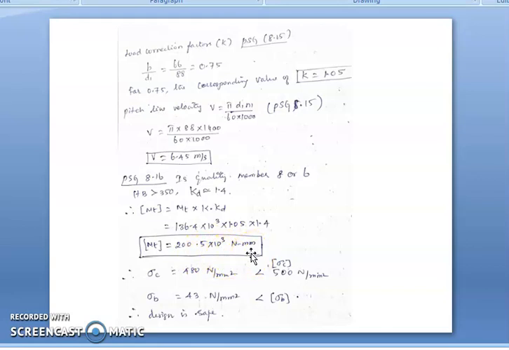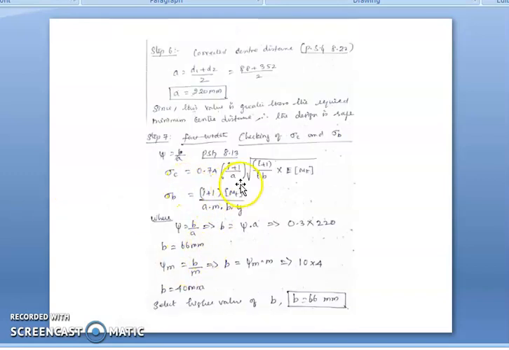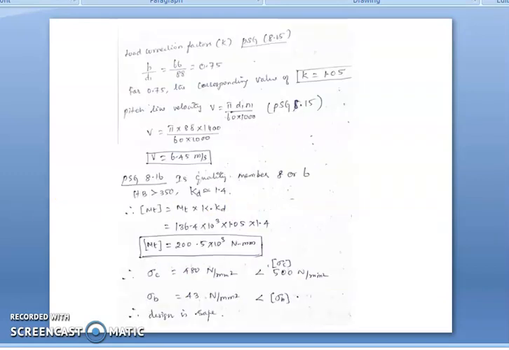Previously it was 177 into 10 power 3 Newton mm. Now applying the revised values, we find sigma C as 480 Newton per mm square, which is less than the design sigma C. Similarly, the calculated sigma B is only 43 Newton per mm square, which is also less than the design sigma B. So the design is safe.